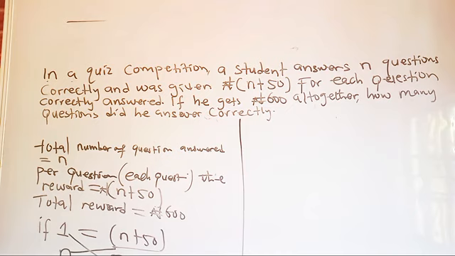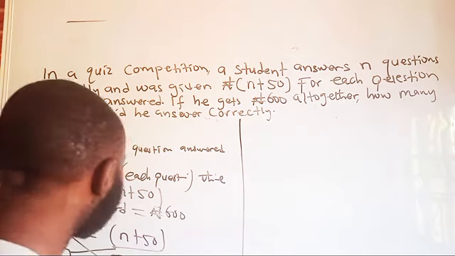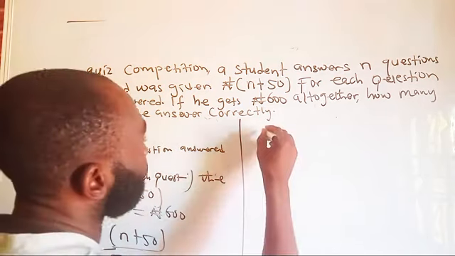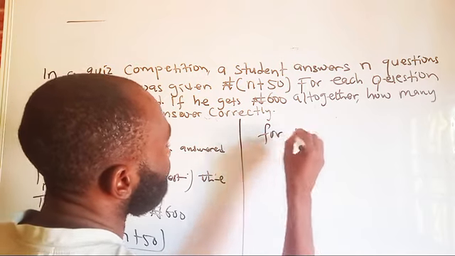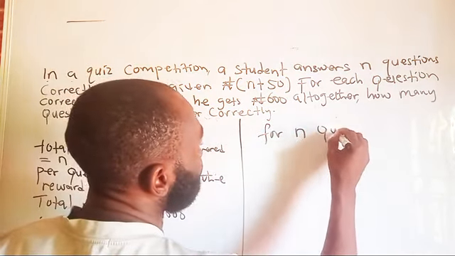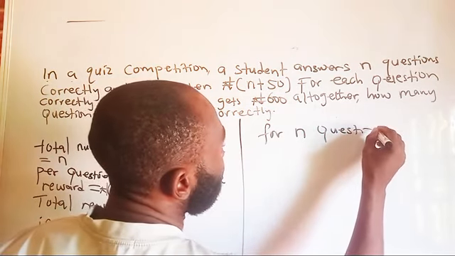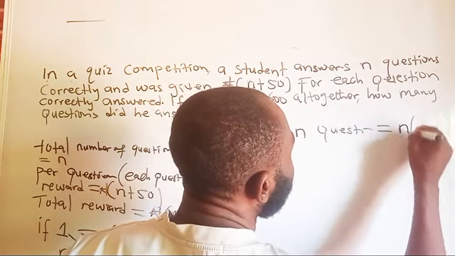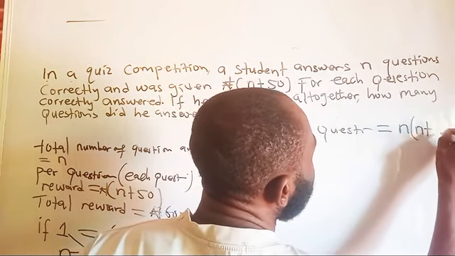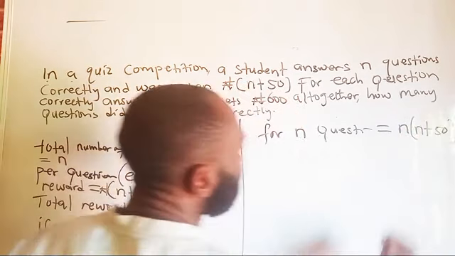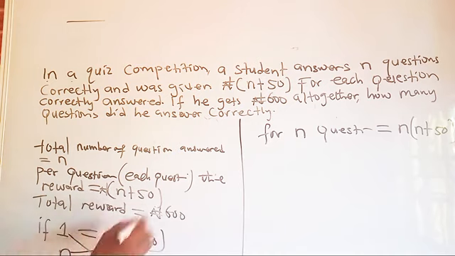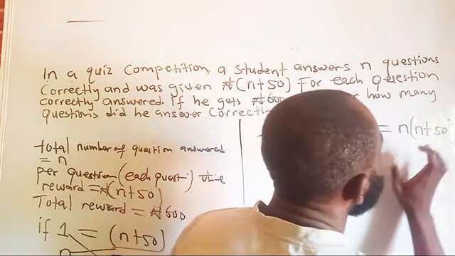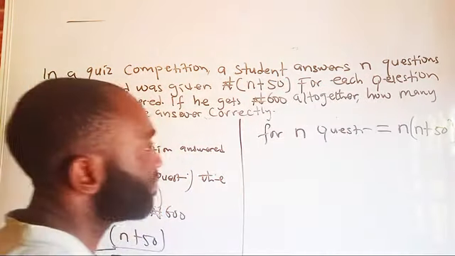That will show that for n questions, what you gain is n times n bracket open 50 bracket close. That is when you cross multiply, that's what you're going to have. So for n questions, this is what you're going to get.